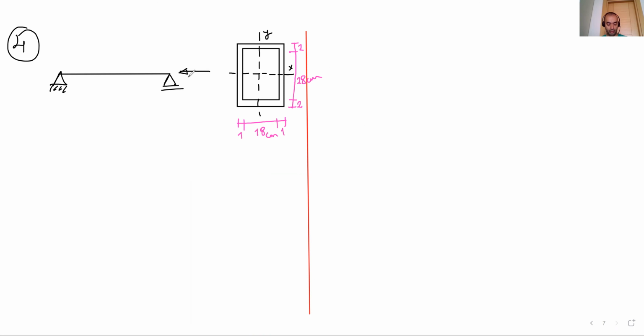The axial load, let me see. The question is here. This is P. The length of the member is here 10 meters.